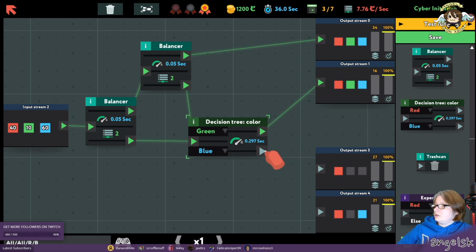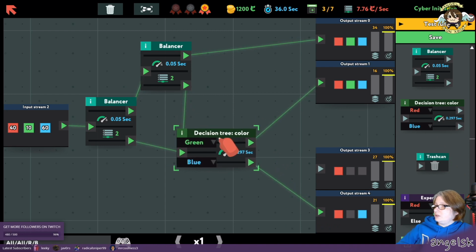So blue then gives us some reds. Some reds though. That's not going to work either.